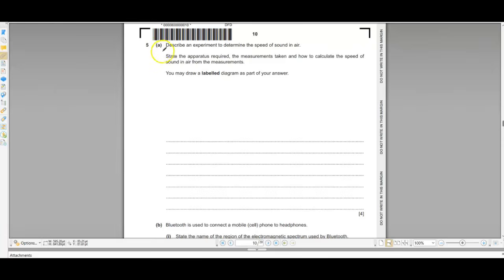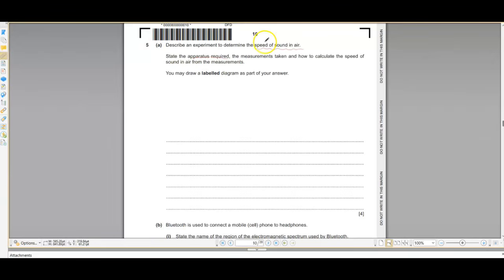Okay? Question number 5. Describe an experiment to determine the speed of sound in air. State the apparatus you required, the measurements taken, and how to calculate the speed of sound in air from the measurements. You may draw a labelled diagram as part of your answer. Okay. Acha, we'll move to the diagram part later on.